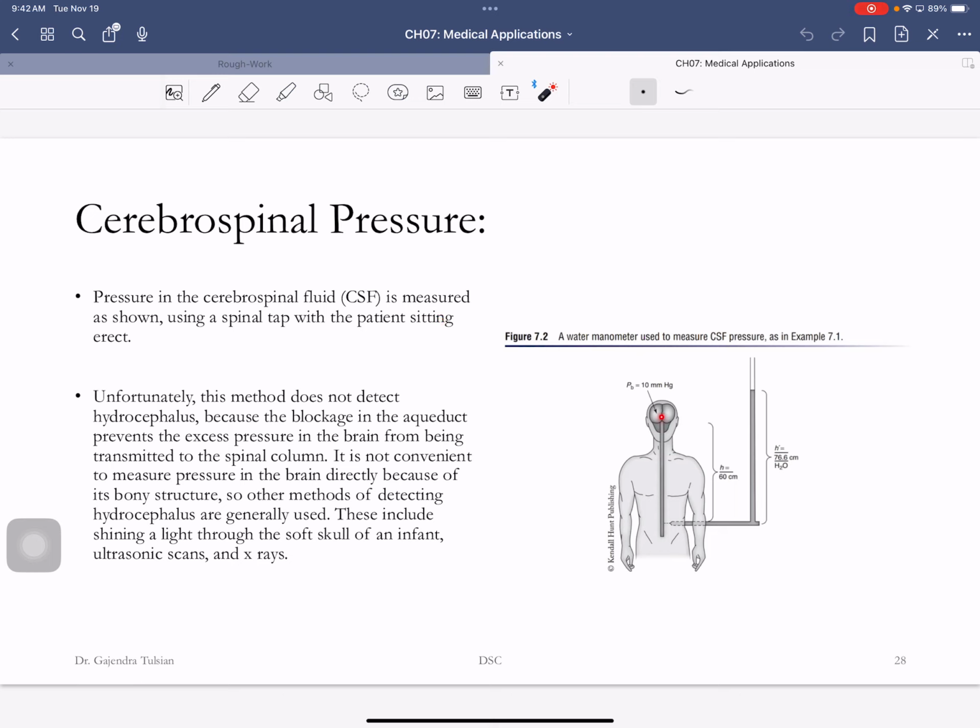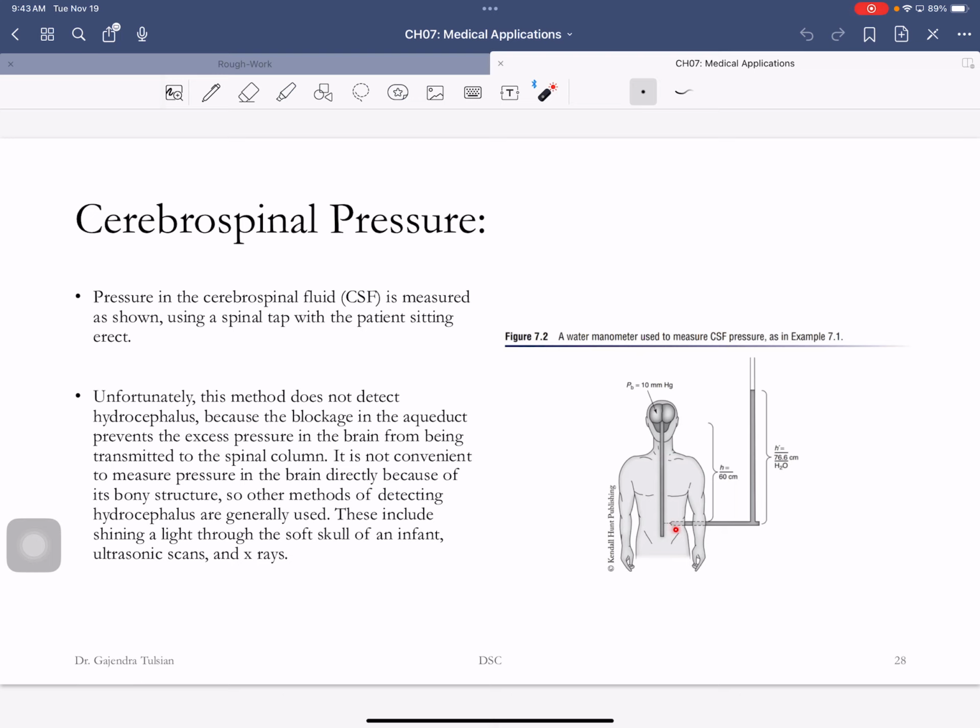Unfortunately, if there's a blockage in the aqueduct, the pressure from the fluid in the brain is not transmitted there. And you would like to know if there's a blockage in the aqueduct by measuring the pressure, but the pressure difference is not large enough to be able to tell that. Okay?